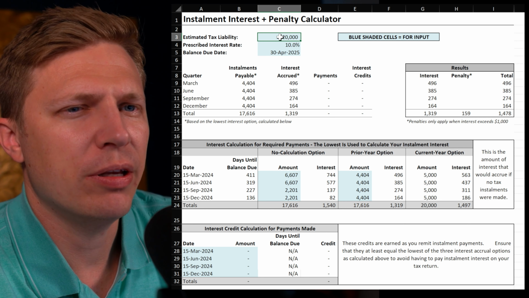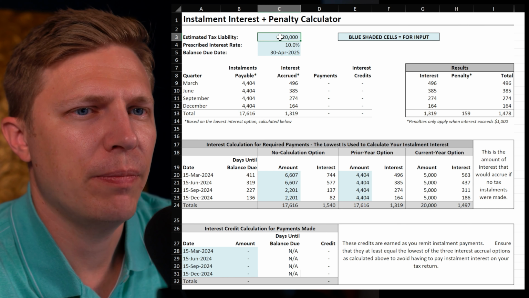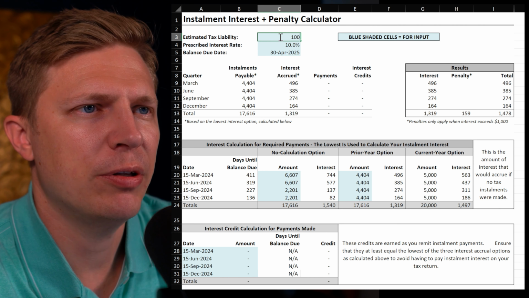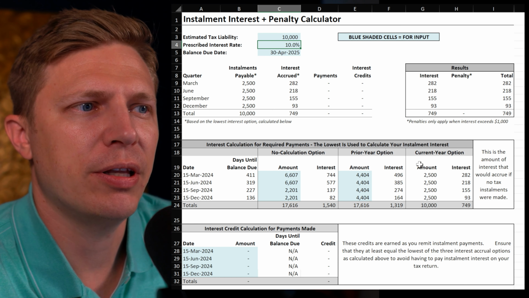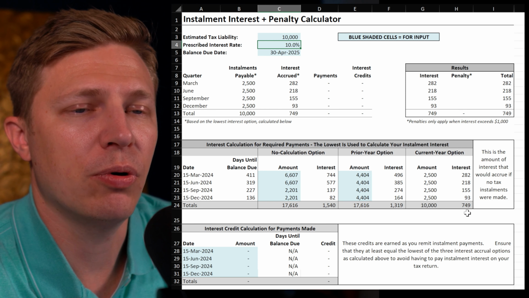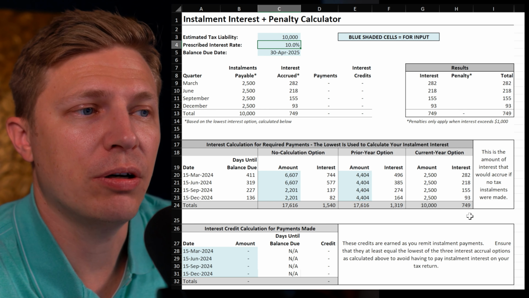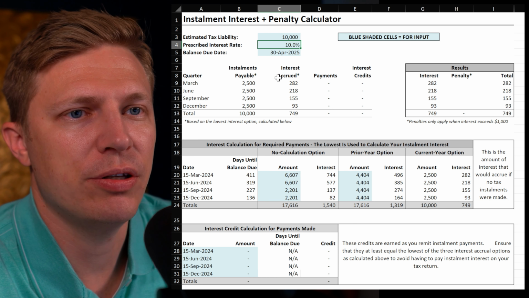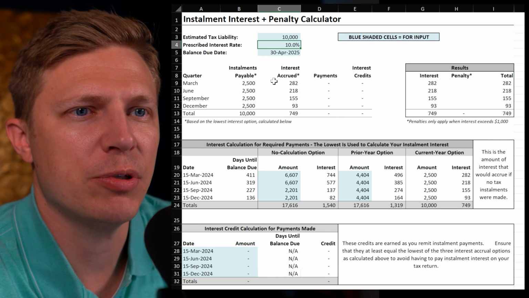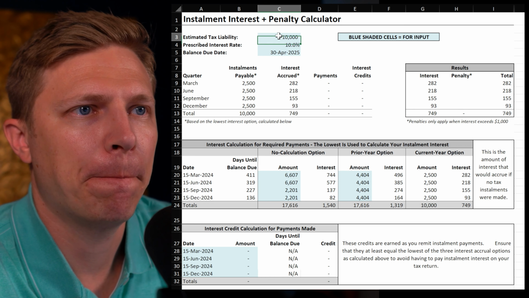If we think that this is going to be a lower tax year and we're really confident of that, maybe it's only $10,000 of payable. If it was $10,000, then the current year option is going to report $749 of interest, and now that's the lowest interest, and that's what's going to pull to the top summary section.